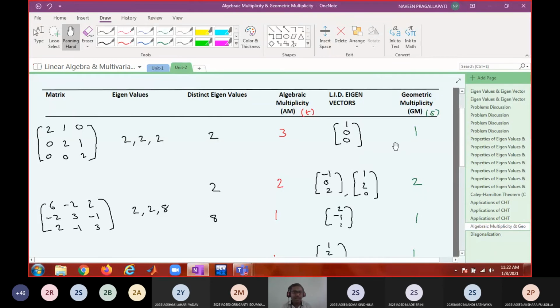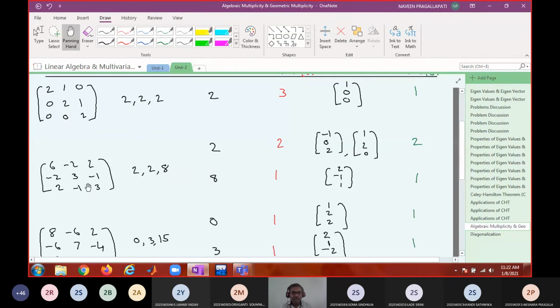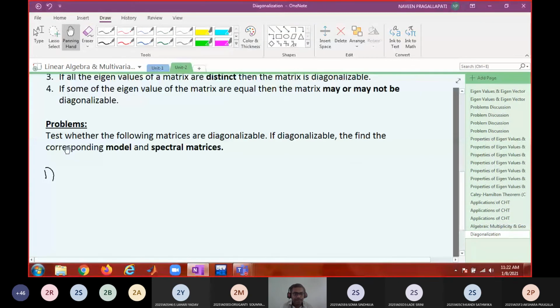We should take the second matrix because these matrices are readily available. To save time, I shall take the matrix which we have done already. Copy this matrix: A equals 6 minus 2 2, minus 2 3 minus 1, 2 minus 1 3.